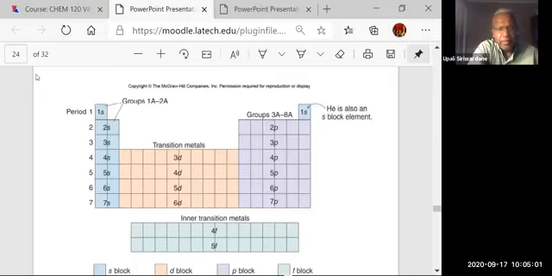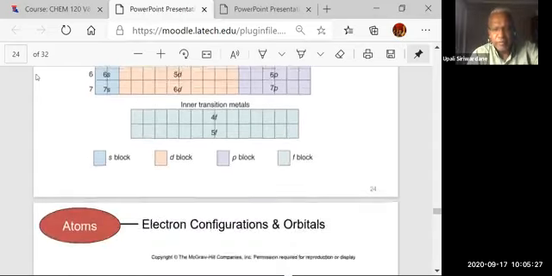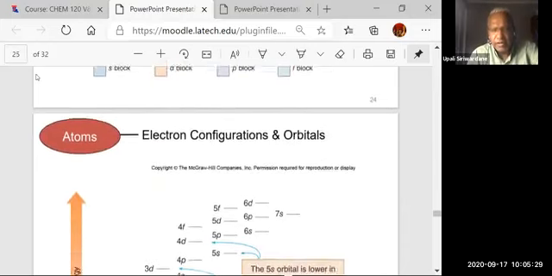Sodium is 1s2, 2s2, 2p6, 3s1. So the number of electrons is the same as the atomic number. You can do the problems sometimes that way.